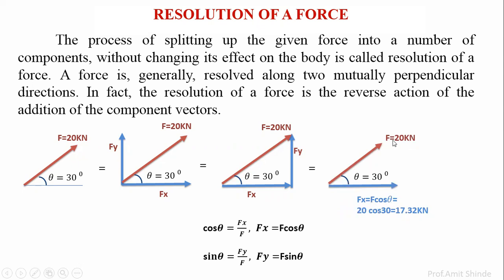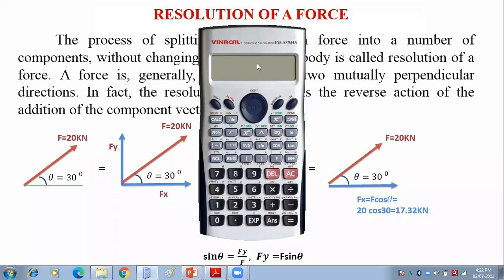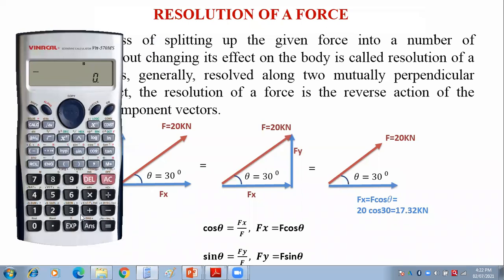F is 20 and theta is 30. So 20 cos 30 gives 17.32, the magnitude of this force Fx.